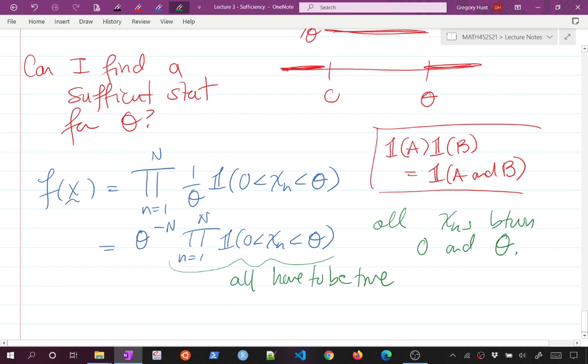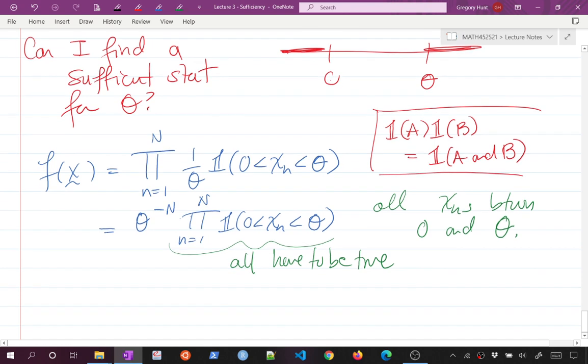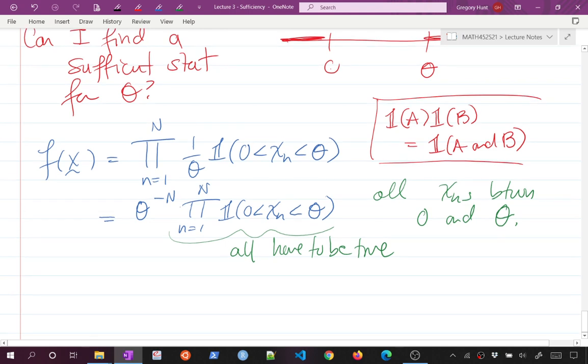So what does this mean? Is there another way you can write it? One way you could write this is that the minimum has to be bigger than 0, and the maximum has to be less than theta. That is an equivalent statement: all the x n's between 0 and theta, and min is positive, max is less than theta. That's the same thing, right?